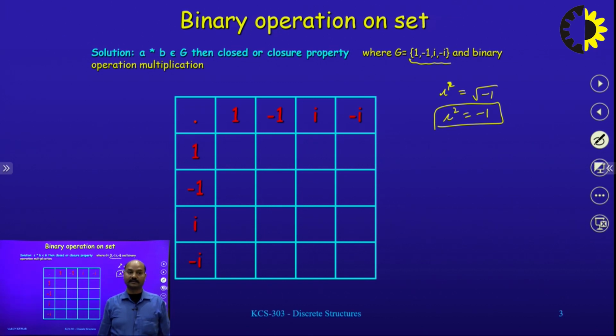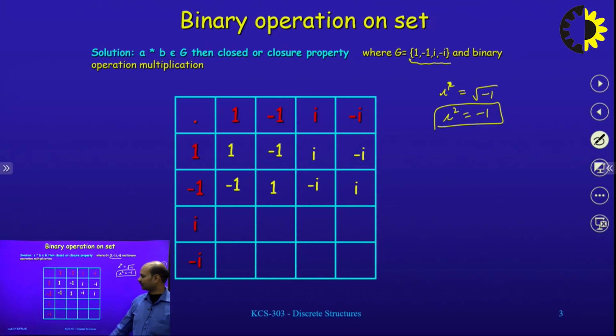So we perform it: 1 dot 1 becomes 1, 1 dot minus 1 becomes minus 1, 1 multiplied by i is i, and 1 multiplied by minus i becomes minus i. Similarly minus 1 multiplied by 1 is minus 1, minus 1 multiplied by minus 1 is 1, minus 1 multiplied by i is minus i, and minus 1 multiplied by minus i becomes i, since minus minus is plus.